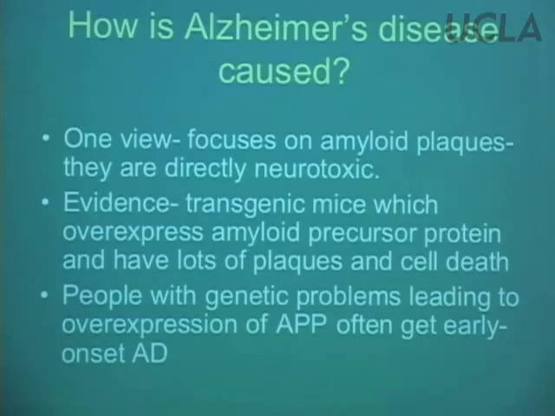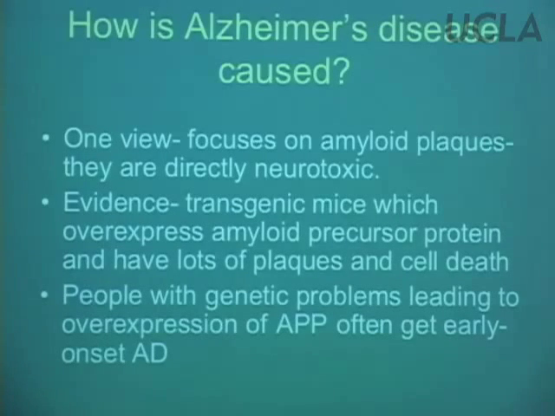So, how is it caused? We don't know for sure, but certainly there are a lot of good theories out there. I'd say the dominant view, and certainly the view in the Golde article, focuses on the amyloid plaques.